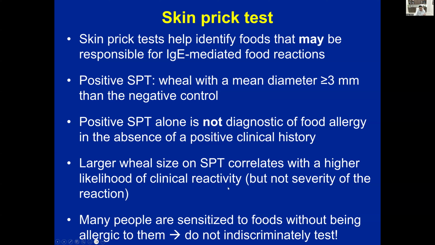What you can say is, you are highly sensitized. But just because you are sensitized doesn't mean that the reaction will be more severe. That's a very important concept. A higher level doesn't necessarily mean a more severe reaction. It just means you are more likely to have a reaction.